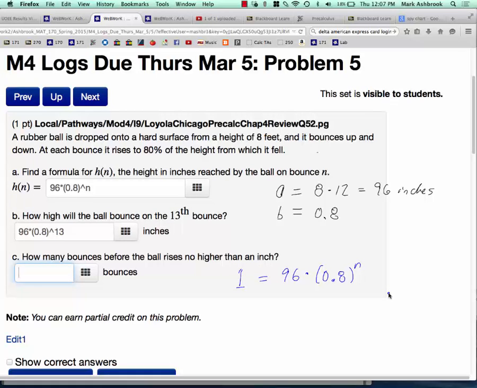So we want to know how many bounces until we get to an inch. All right, so now we're just trying to solve for the exponent. First step, divide by 96. 0.8 to the n.